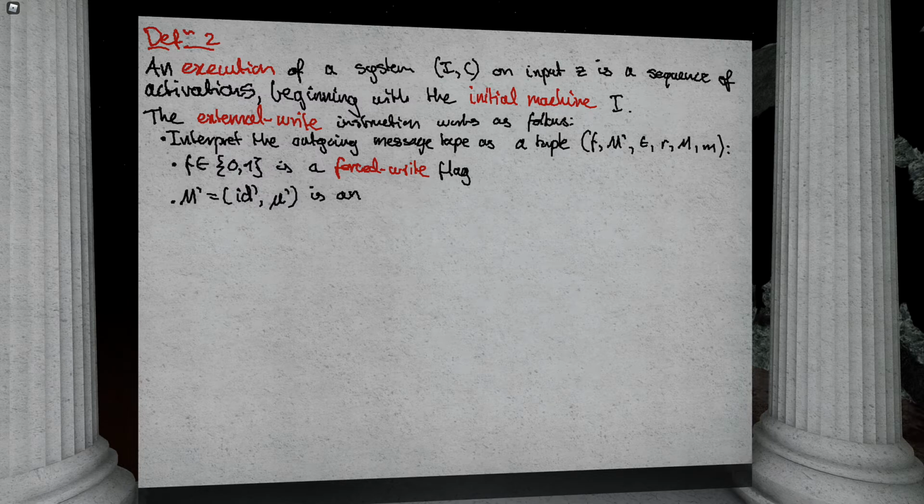So M prime, the target of the message, is an extended identity. It contains an ID number and some code. T is which tape we are writing to: input, output, subroutine output, or backdoor.